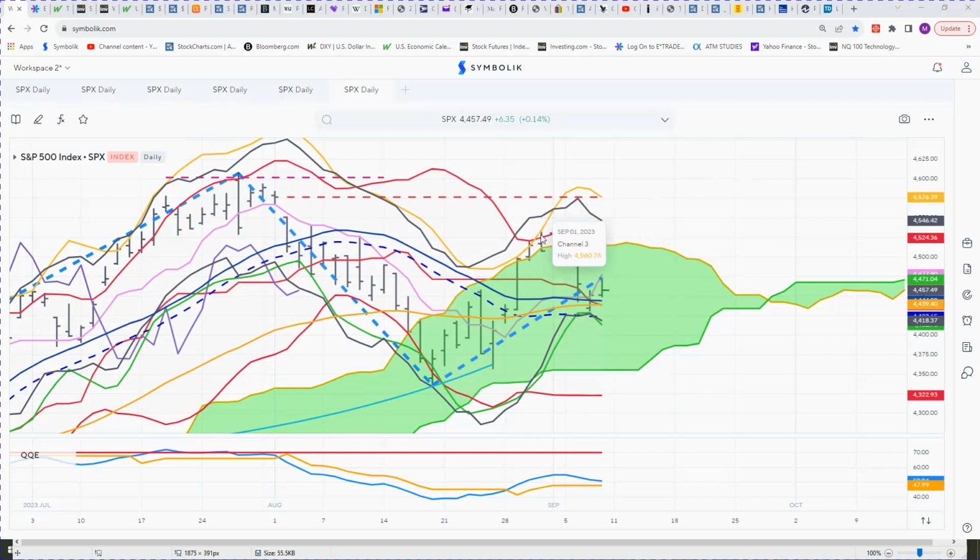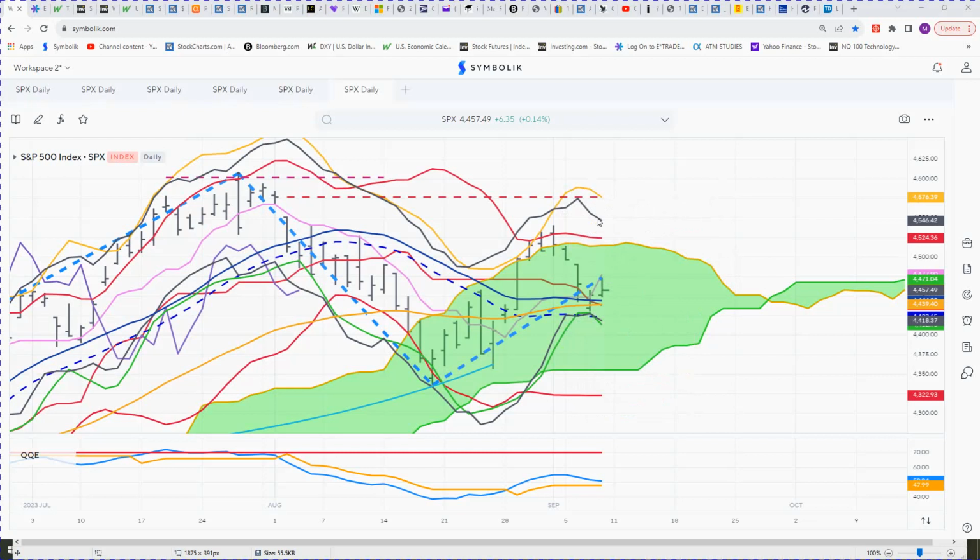So they're both pointed down now, and the lower Stark band is pretty close to the channel 3 low right there. And as we've just seen, price has to do some pretty serious blasting to get up to the upper Bollinger Band, let alone the Stark band and channel 3 high, which has also rolled over and is quite pronounced, same thing as channel 3 low.